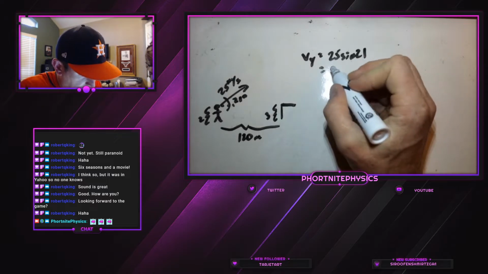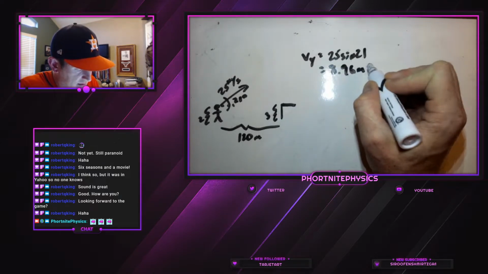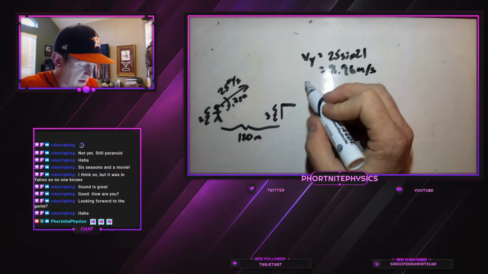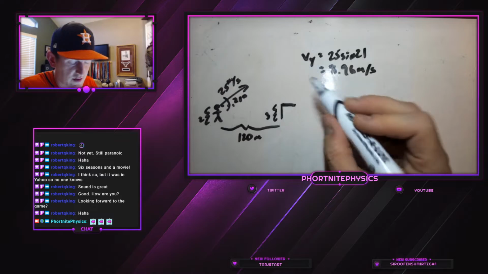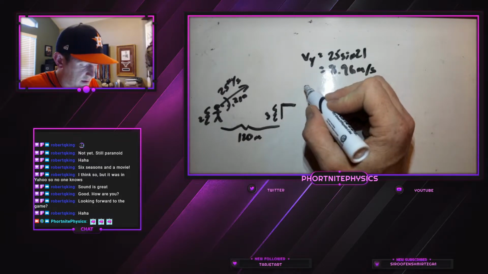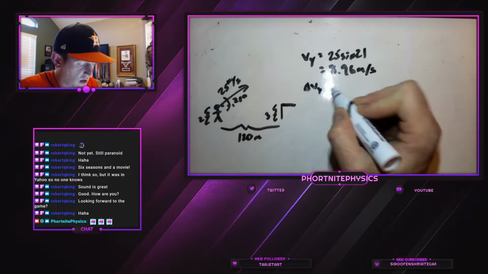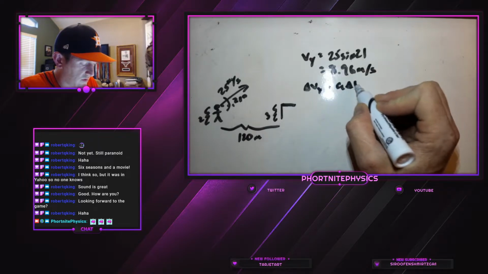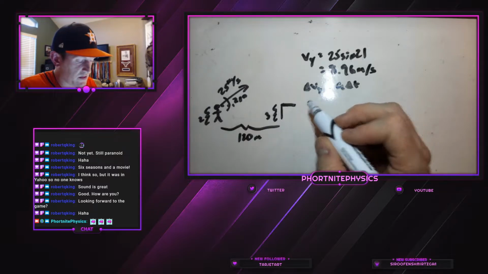Or 8.96 meters per second. Okay, and our time from the bottom to the very top is our delta Vy equals acceleration multiplied by time. And our final velocity as it goes up and down is 0.